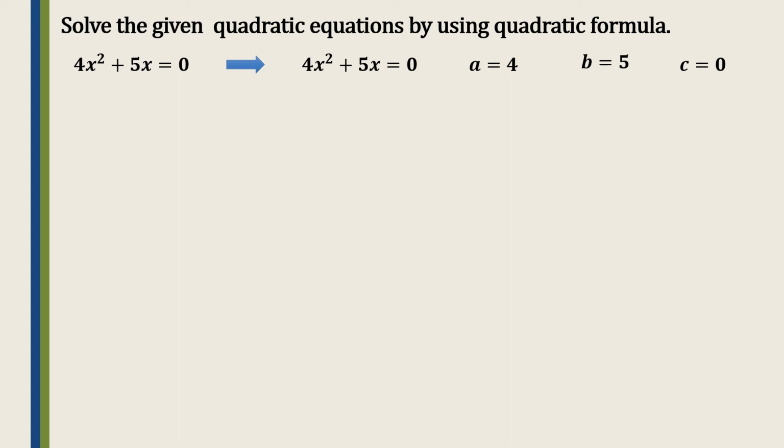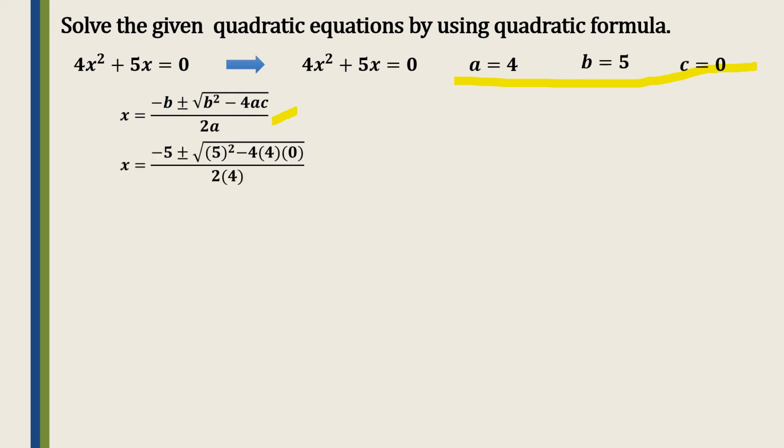So, apply quadratic formula. X equals negative B plus minus the square root of B squared minus 4AC all over 2A. Palitan ng value ng A, B, and C ang nasa quadratic formula, or i-substitute natin yung value ng A, B, and C sa formula.